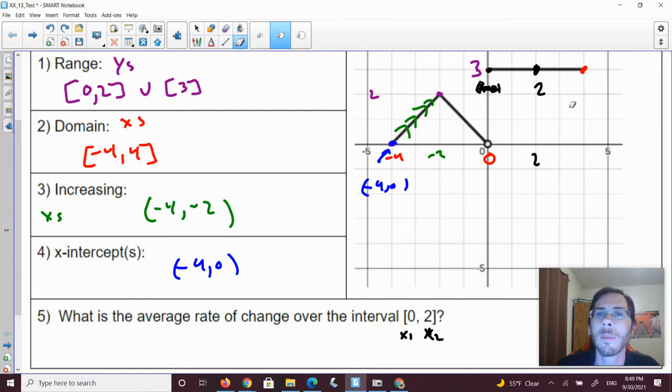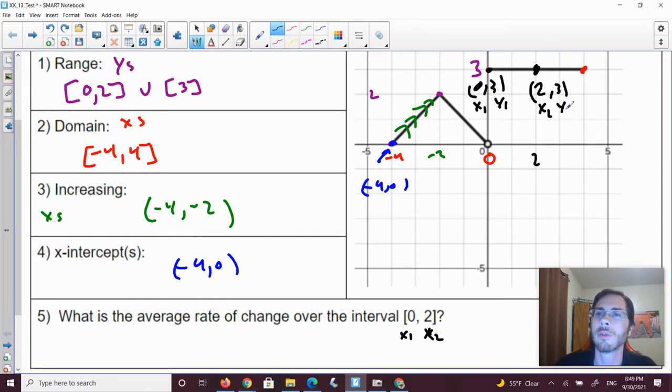Use the eraser. It's at (0, 3). So we'll write that in as (0, 3). 2 over here, we're at (2, 3). So these are my x1, y1, x2, y2 coordinates, or a's and b's.